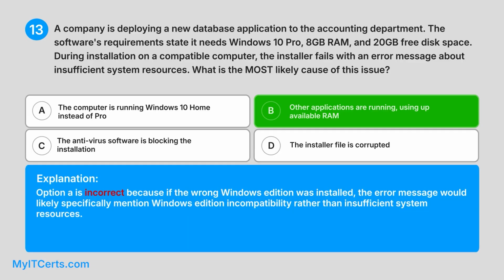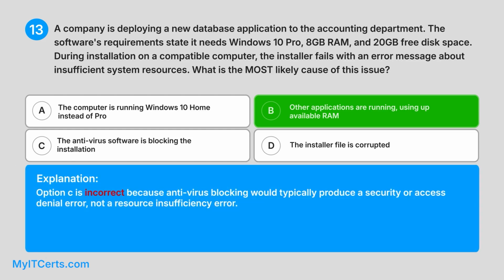Option A, the computer is running Windows 10 Home instead of Pro, is incorrect because if the wrong Windows edition was installed, the error message would likely specifically mention Windows edition incompatibility rather than insufficient system resources.